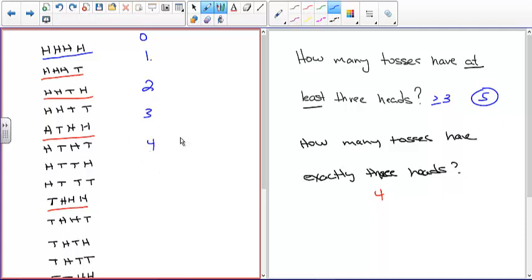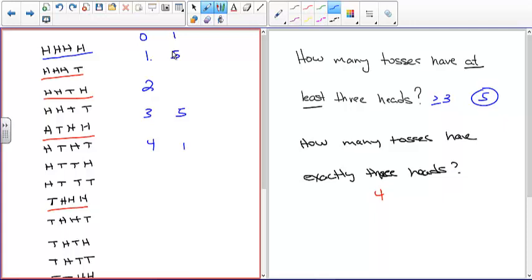Okay, so we said there were 5 that had exactly 3 heads. There's 1 that has exactly 4 heads. There's 1 that has exactly 0 heads. Turns out there are 5 that have exactly 1 head.